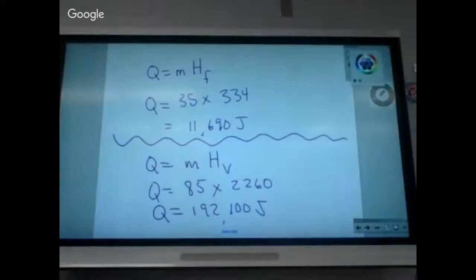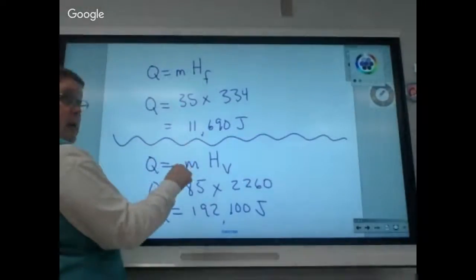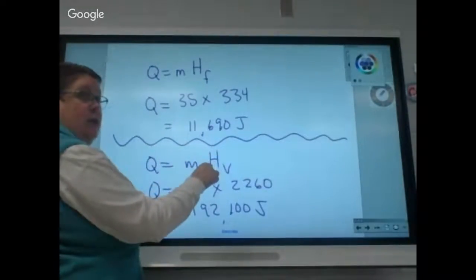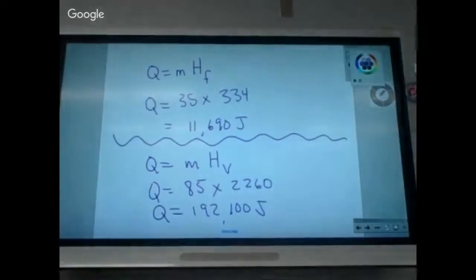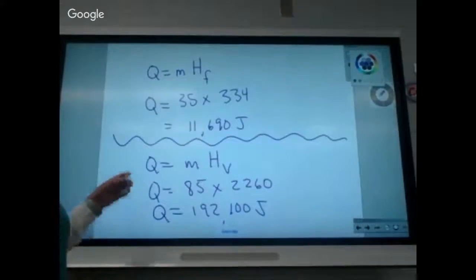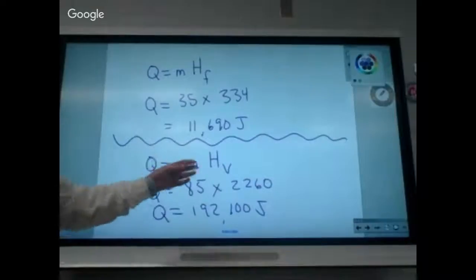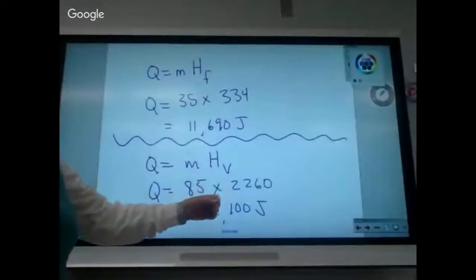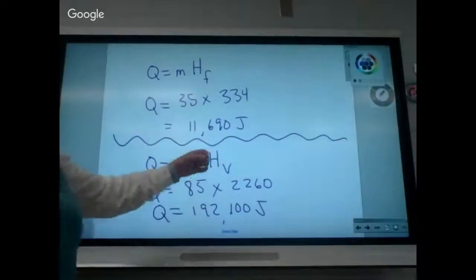Hold your horses, people. Everybody in here is past Math 2, and some of y'all have Math 3 next semester. Everybody knows how to plug in a Q and an M and solve for an H. If I give you a heat and a mass and ask what the heat of fusion is, I would expect you to be able to divide to get it.